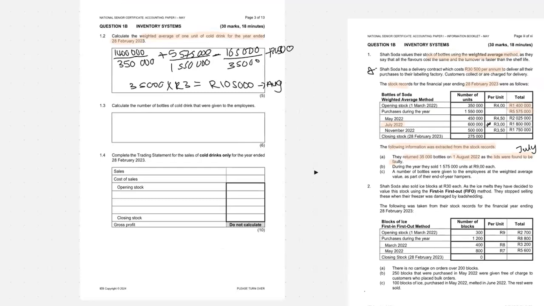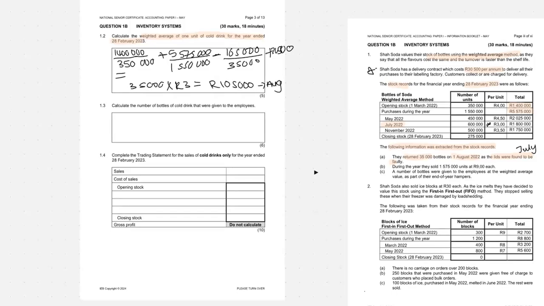So now we have everything: our opening plus purchases minus returns plus our transport cost. At the top, we have 1.4 million plus 5,575,000 minus 105,000 plus 30,500, which will give us 6,900,500.